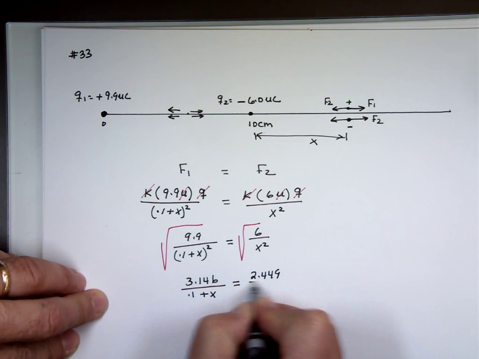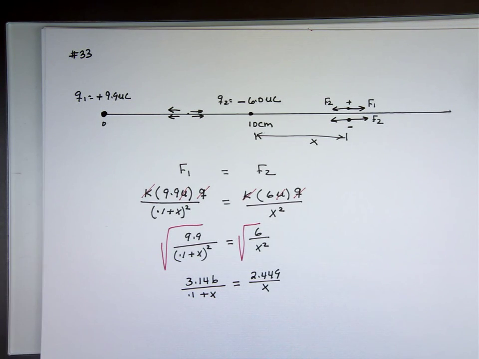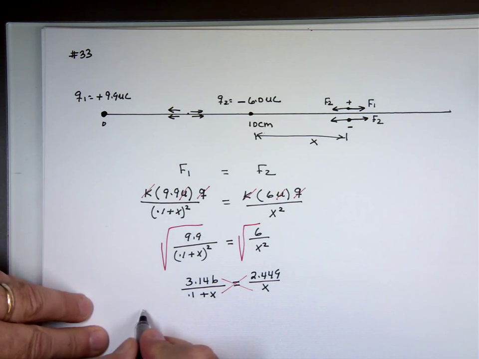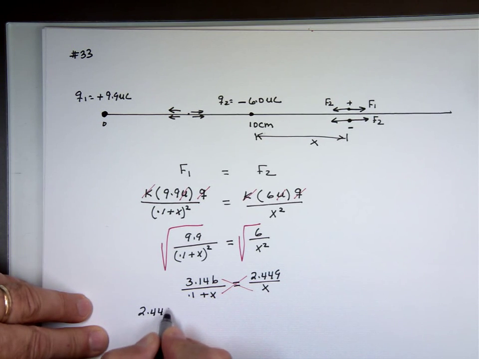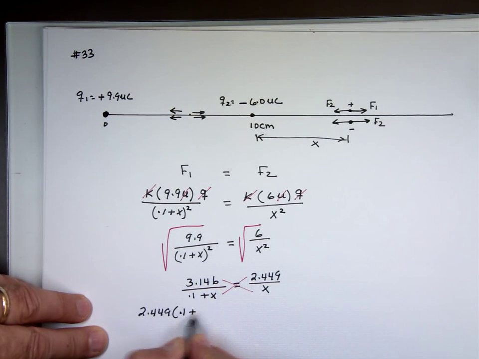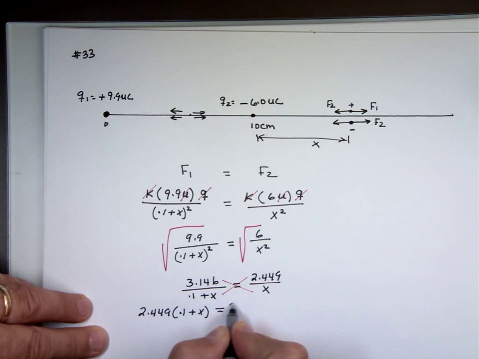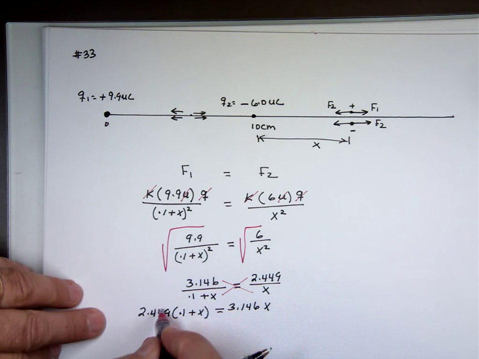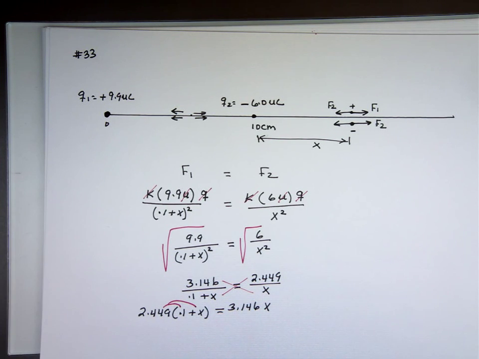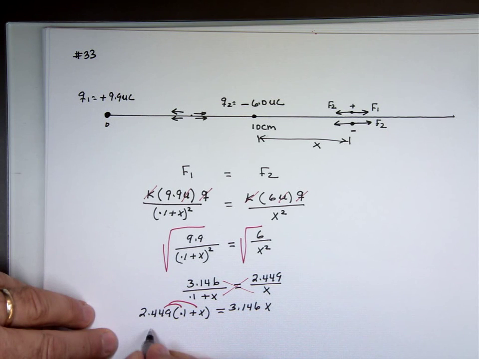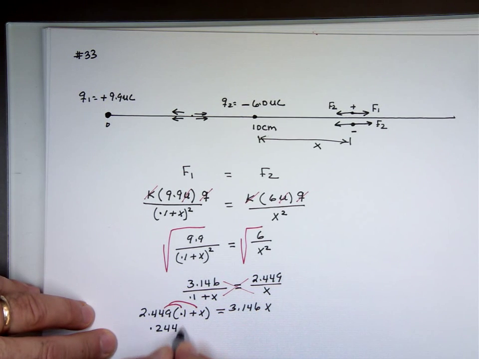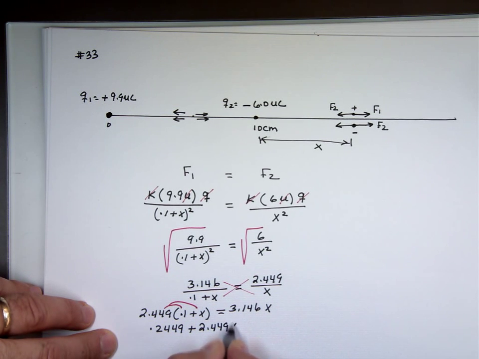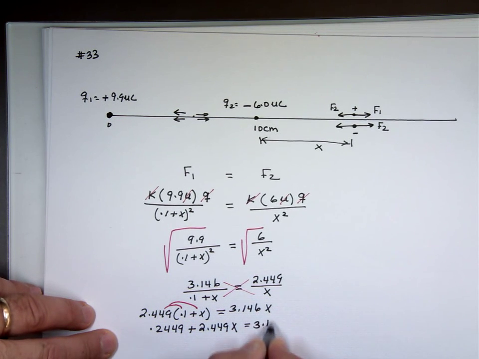And now solve it for x, cross multiply. 2.449 times (0.1 plus x) equals 3.146 times x. Distribute that. 0.2449 plus 2.449x equals 3.146x. Move this one to that side.